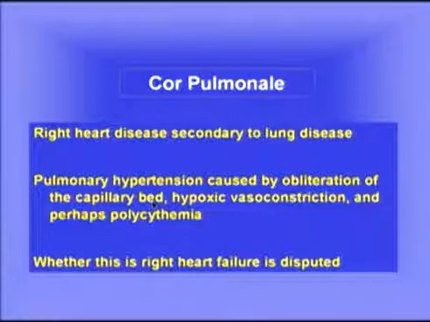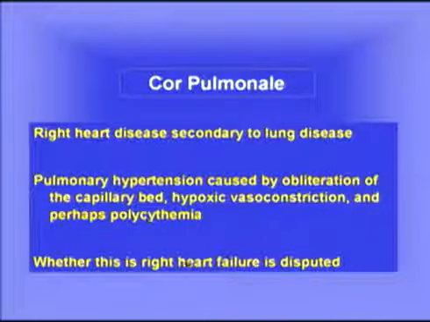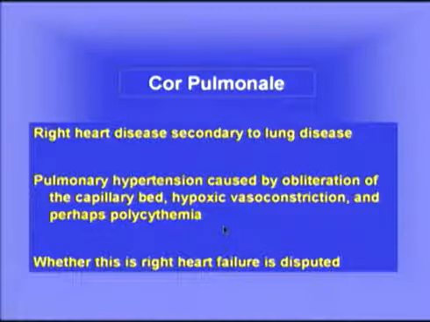It occurs in both COPD and in diffuse interstitial pulmonary fibrosis, or hypoxic vasoconstriction, and possibly polycythemia in patients with COPD who develop increased hematocrits. There's a question as to whether this is really right heart failure, because actually the heart is operating high on the Starling curve, and the cardiac output can be increased on exercise.